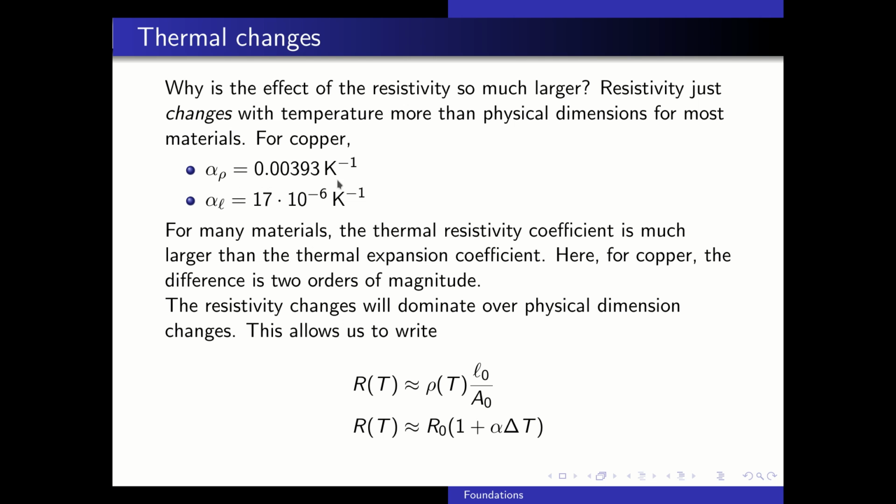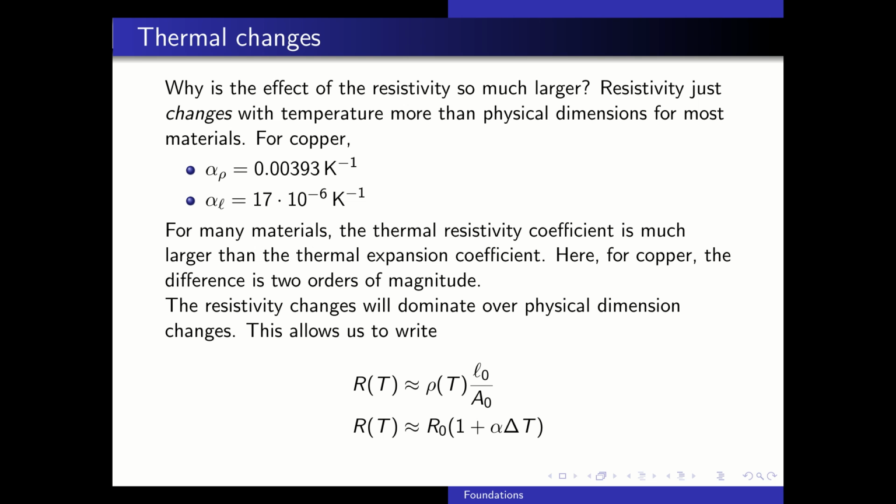The resistivity coefficient is about 4 times 10 to the negative third. The linear expansion coefficient is about 2 times 10 to the negative fifth. That's 2 orders of magnitude. The resistivity for copper changes about 100 times faster, 2 orders of magnitude faster than the length will change.